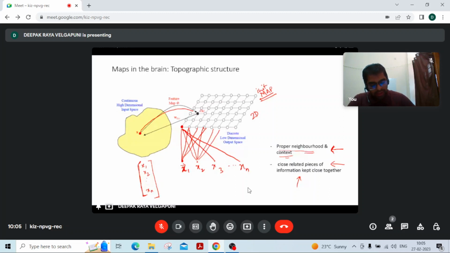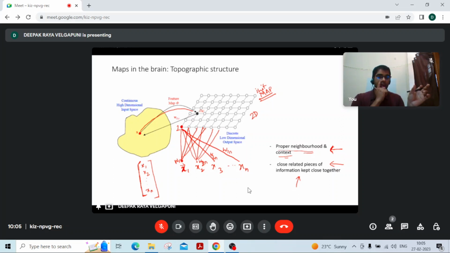Each line here has a weight: W1, W2, W3 and so on. So you have the X input vector and corresponding weights coming to a particular node, and like that you have different weights for every node.